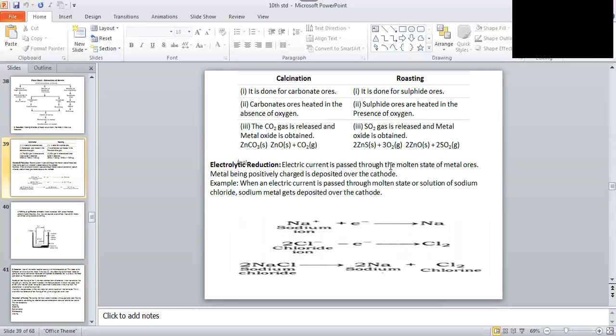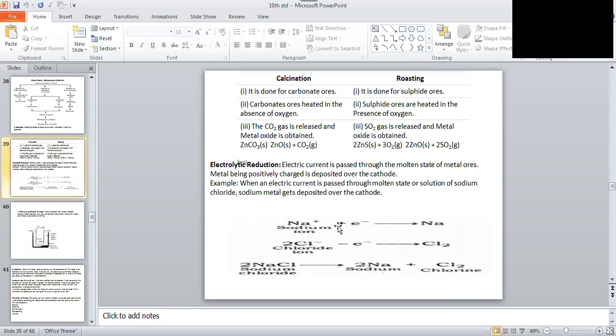Electric current is passed through the molten state of the metal ore, and the metal, being positively charged, is deposited at the negatively charged cathode. For example, when electric current is passed through a molten state of sodium chloride, then sodium metal gets deposited at the cathode.